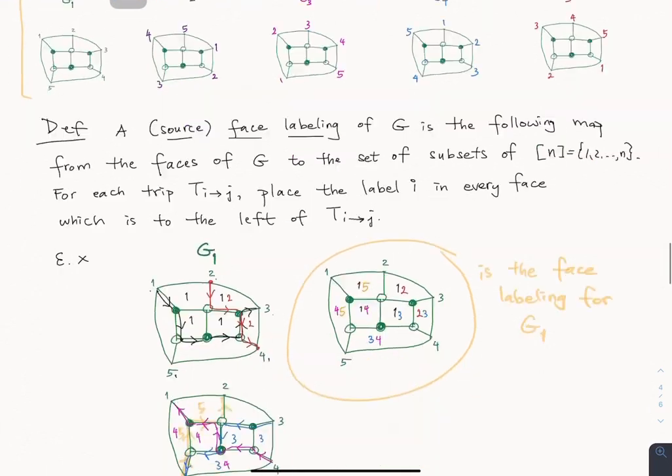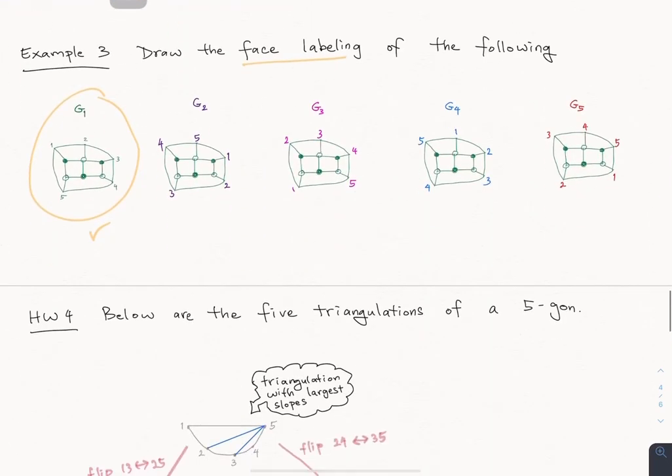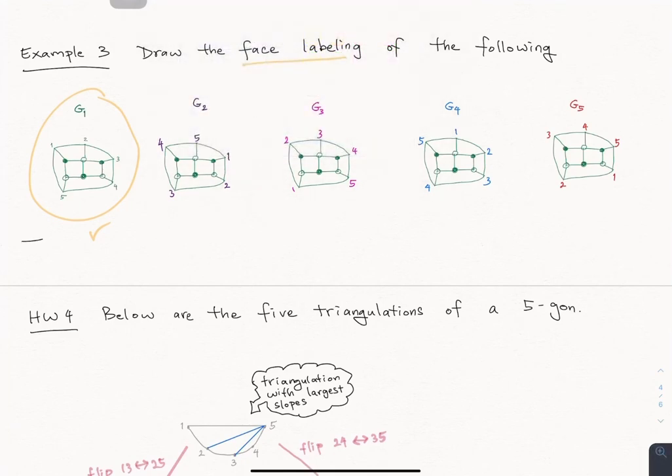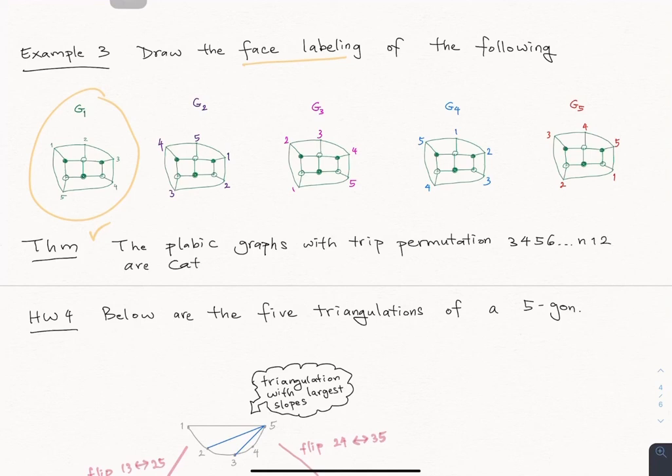And there's a theorem that the Plabic graphs with trip permutation 3, 4, 5, 6 until n, and then starting at 1 and then 2, are Catalan objects.